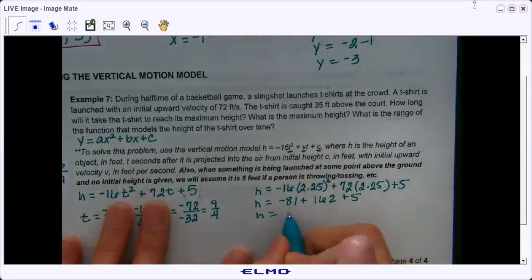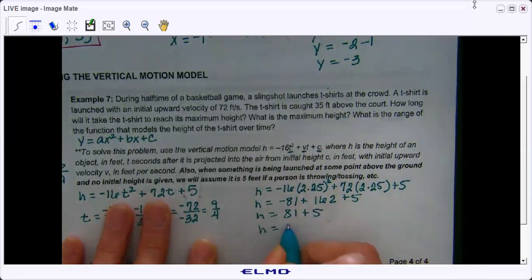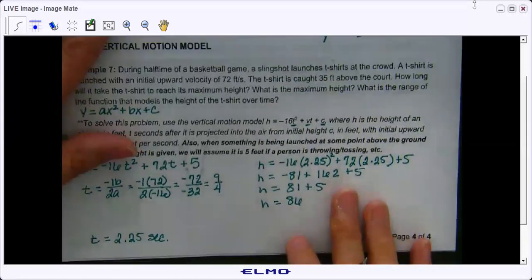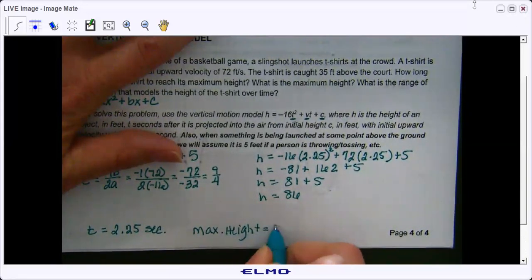And so we get 81 plus 5, and the height is 86. Okay. So our maximum height is 86 feet.